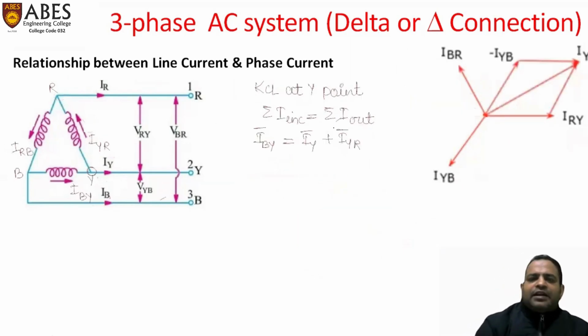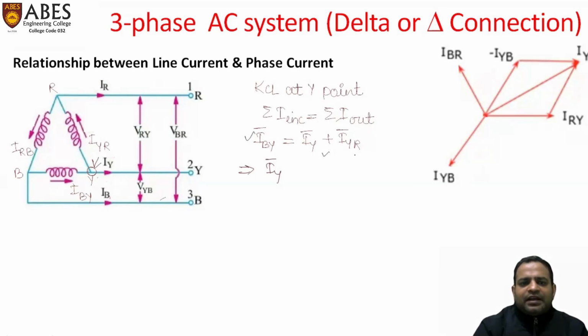Similarly, to find the value of line current IY, we take KCL at this Y point. So incoming current is IBY, outgoing currents are IY and IYR.